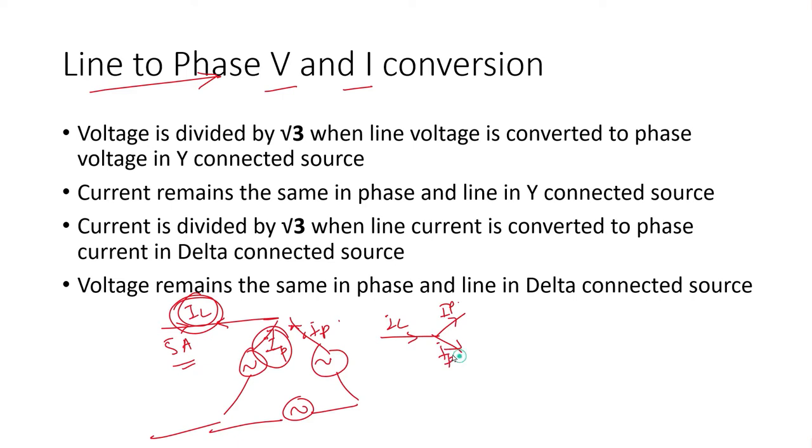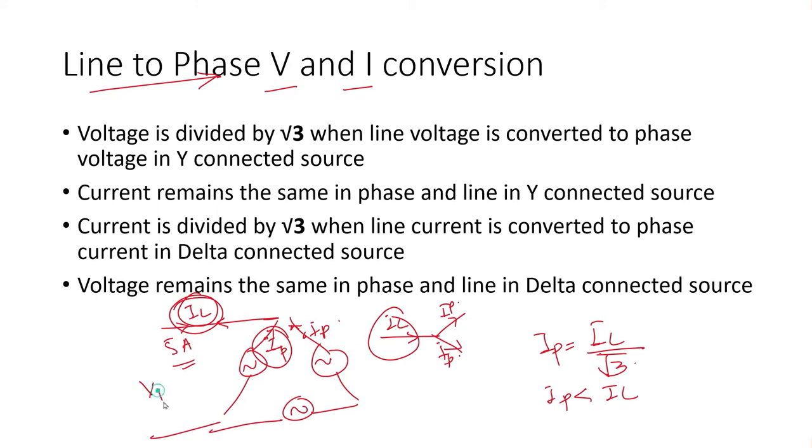So here we can say that IP is equal to IL divided by root 3. So IP is less than IL. Why is it less? Because the line current is dividing into two parts.